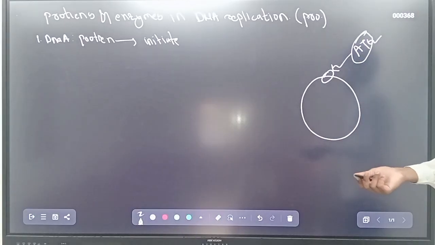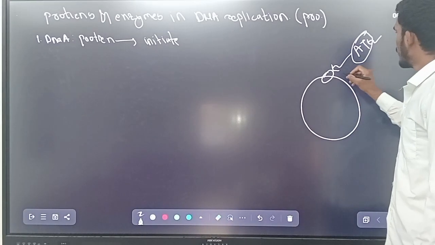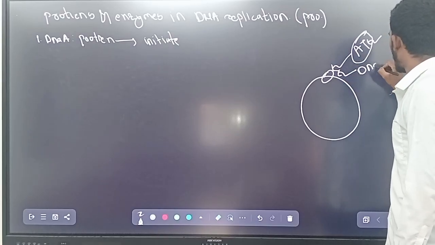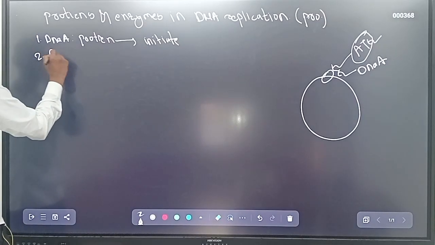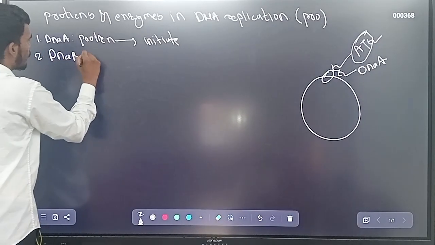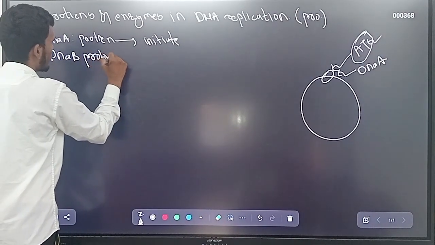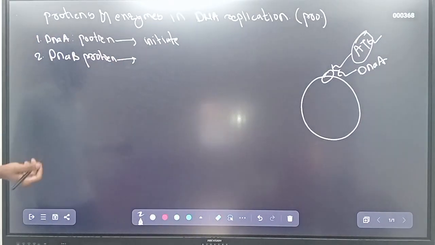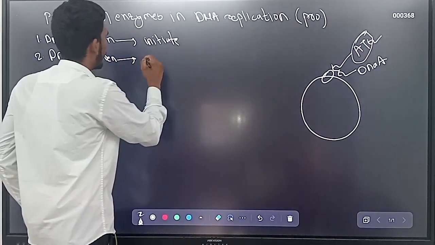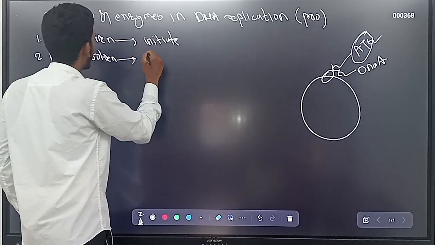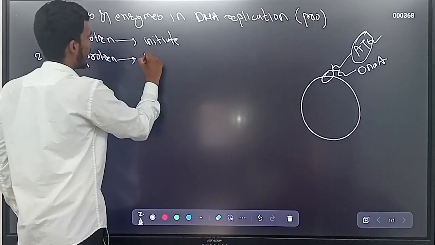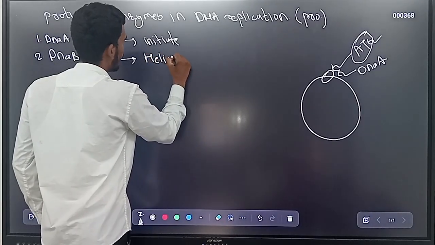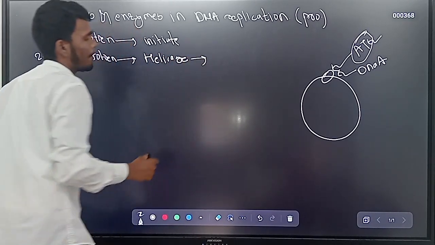So I will first list DnaA. Remember, I am writing this as D, n, a in small letters, and A. This protein initiates the process of DNA replication, because at the origin of replication this will be the first protein that will go and bind.